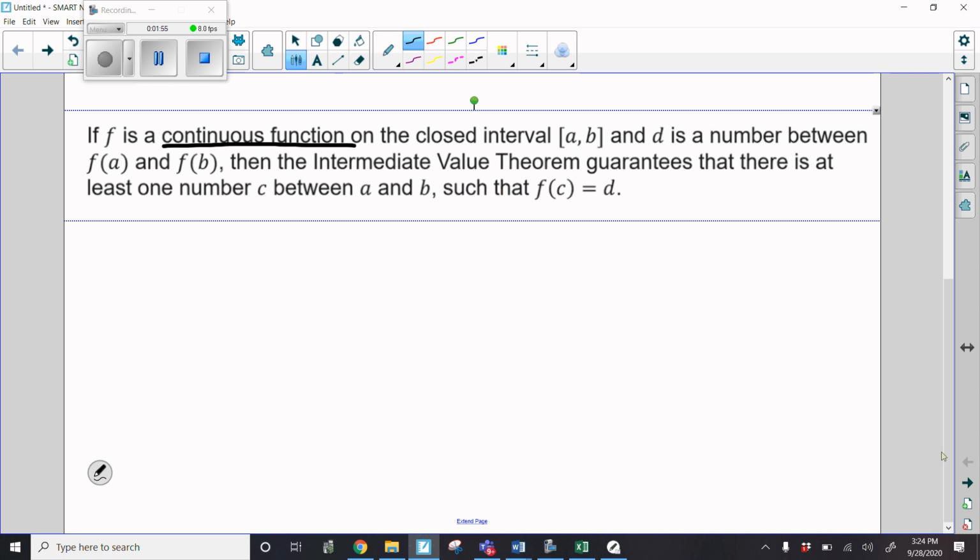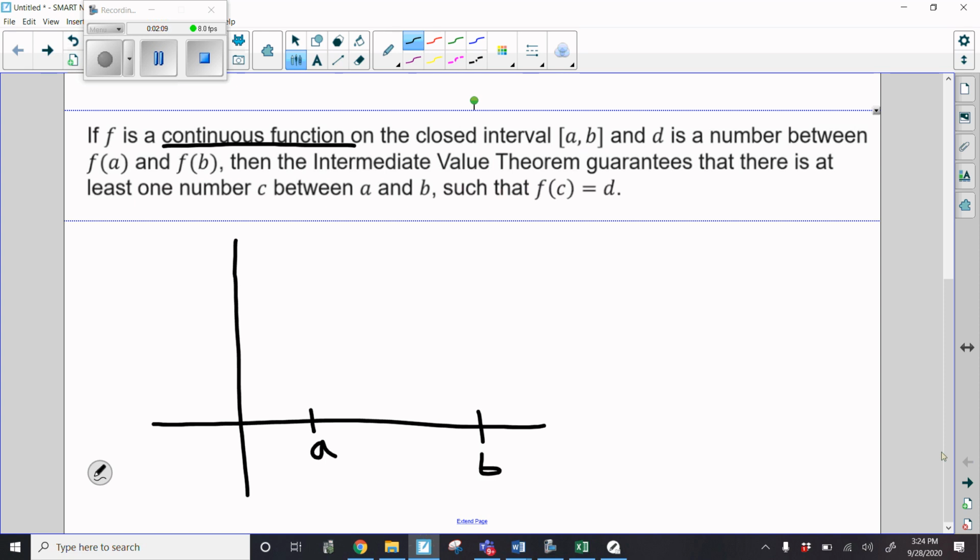All right, let's stop here and just get a little sketch of what's going on. So here's a and b. And we know that the function f is continuous on the closed interval a, b. So maybe it looks something like this. So we see points there at a and b, and we know that they are connected to each other in a continuous fashion.